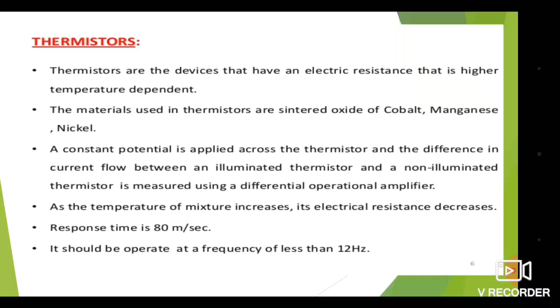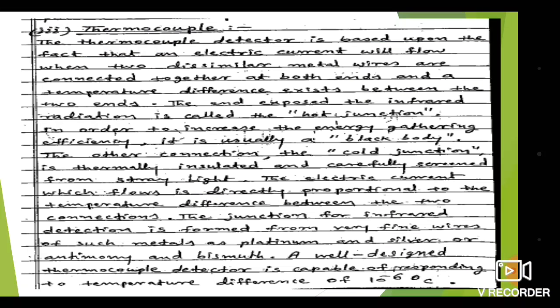Response time is 80 milliseconds, and it should operate at a frequency less than 12 hertz. This is about the thermistor.